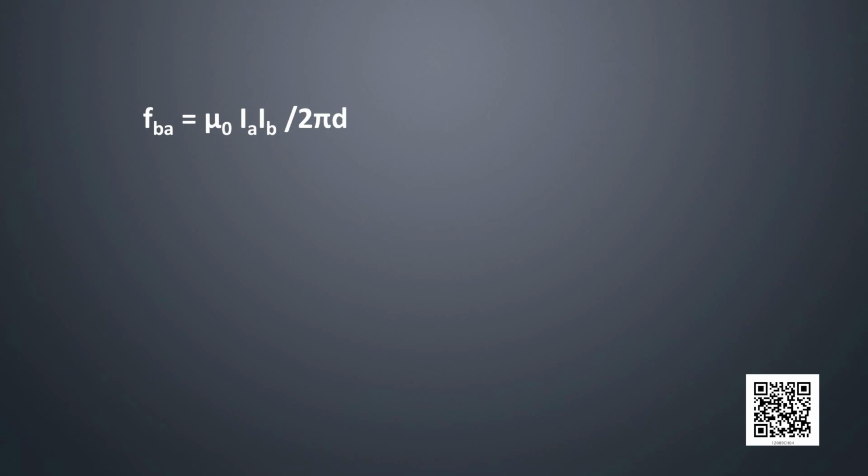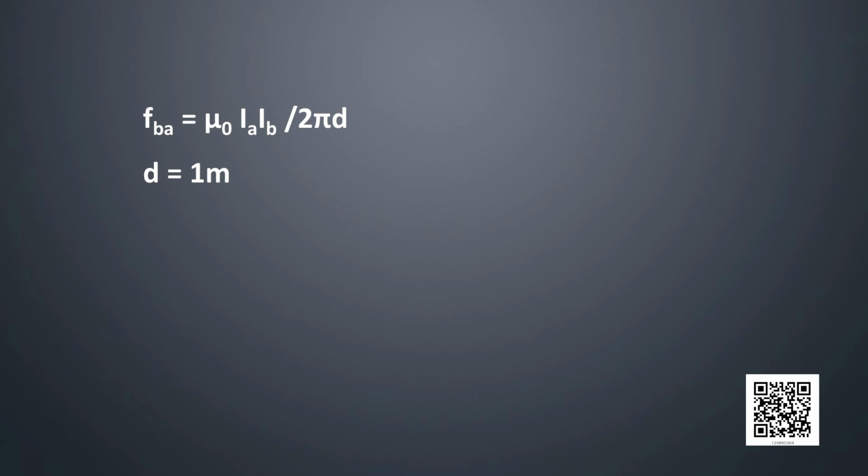It means fba equals mu naught IA IB divided by 2 pi d. Here fba is force per unit length.